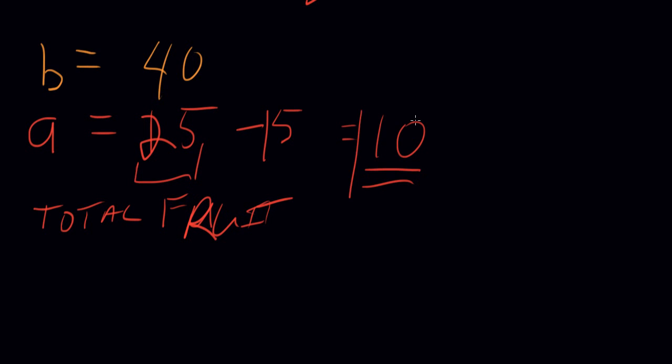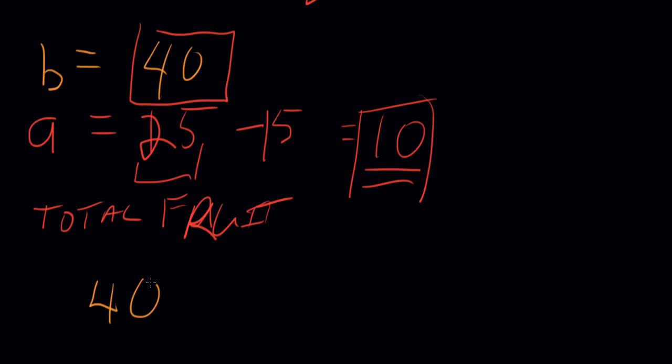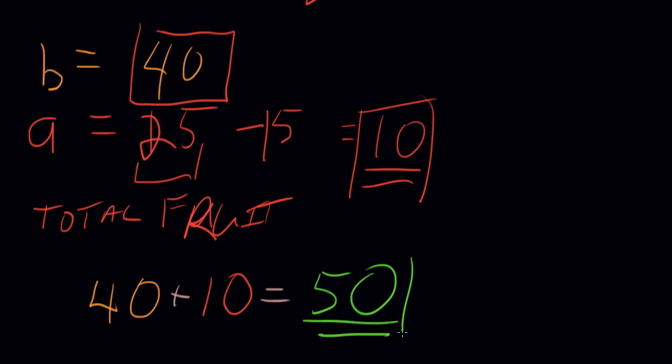So I have 10 apples at the end, but the entire time I have 40 oranges. 40 plus 10 equals 50 fruit. And that is the answer.